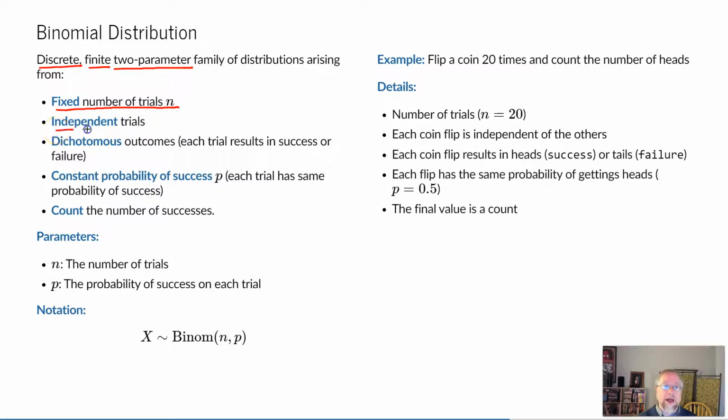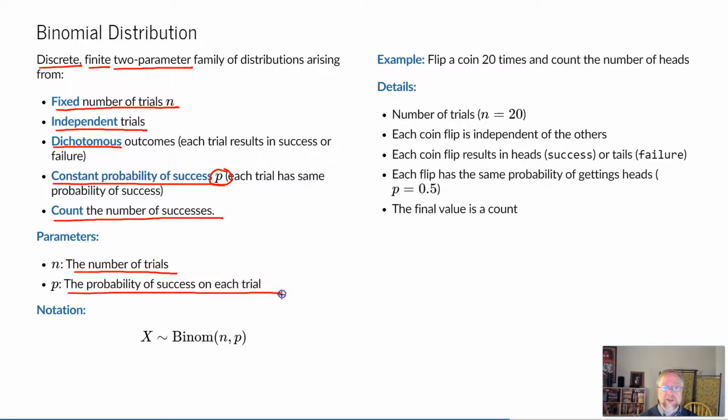The trials all have to be independent, so knowing what happens on one gives us no information about the others. Every trial is dichotomous. It either results in success or failure. The probability of success on each trial is always p. It's always the same thing, and I'm using p to indicate that. And I count the number of successes.